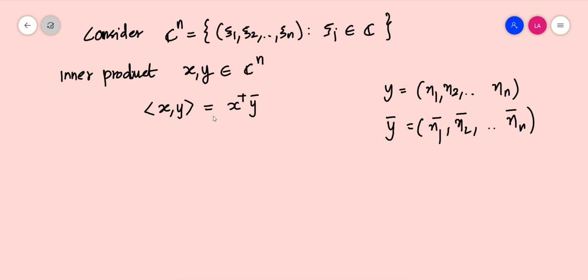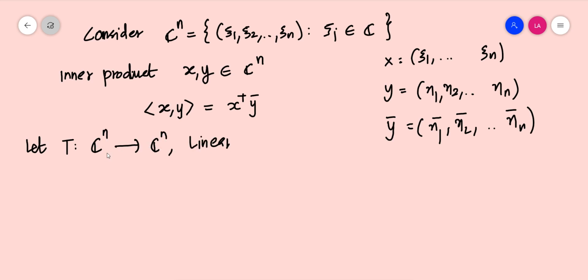Now, x transpose means if you write x as theta 1, theta 2, etc., theta n, it can be interpreted as a row matrix form, and then its transpose is x transpose. So this is the inner product which is defined on Cn. Now let T be any arbitrary linear transformation from Cn onto Cn.